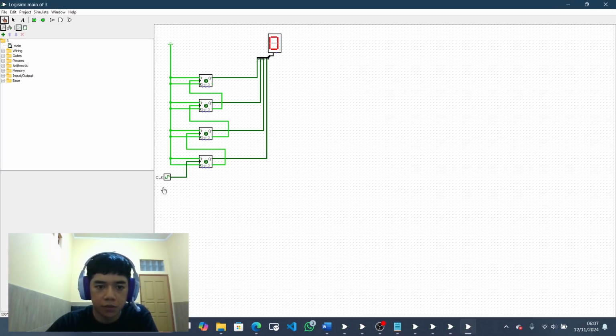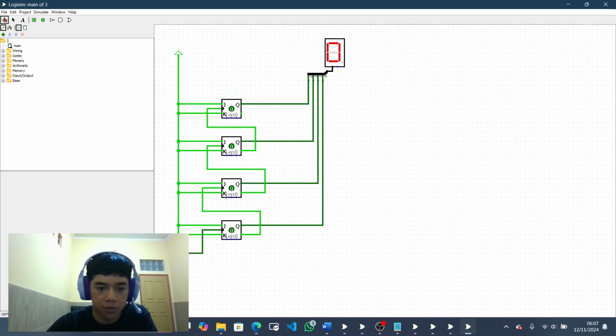It consists of JK flip-flops, but you can make it using D flip-flops here. Because the power source here goes into both inputs of the JK flip-flops, when both inputs are 1, it basically uses the toggle mechanism of the flip-flops.